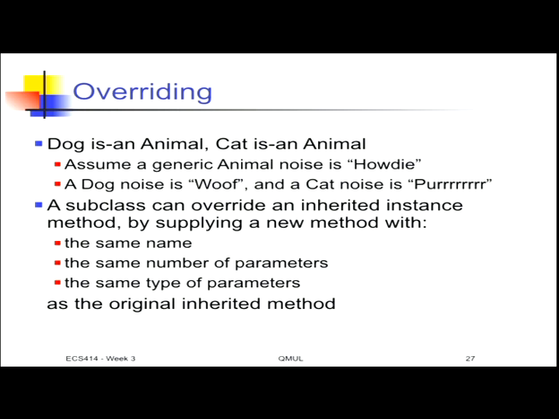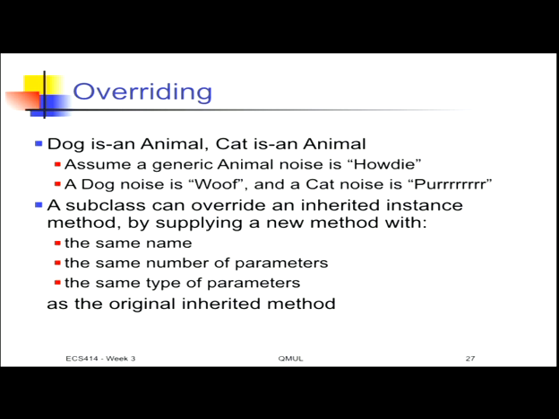Then you may think that subclasses of that class, for example, a cat or a dog, change that behavior that they inherit. Yeah? For example, a dog may bark, a cat may meow or purr. Okay? And that is something that we want to model in object-oriented programming. So we want to model that you inherit the behavior of the superclass, but sometimes you may modify the behavior that you have inherited.